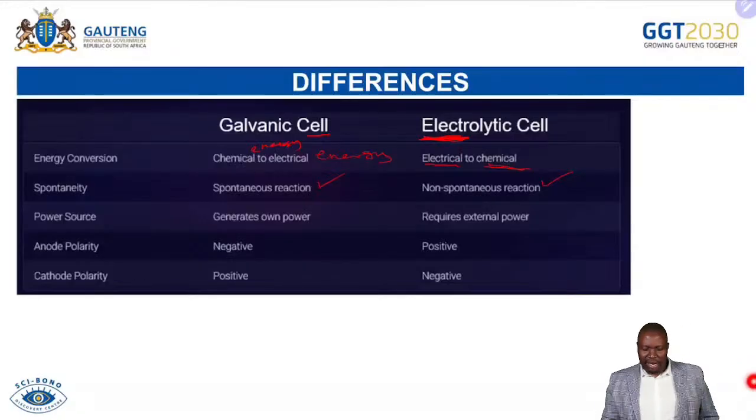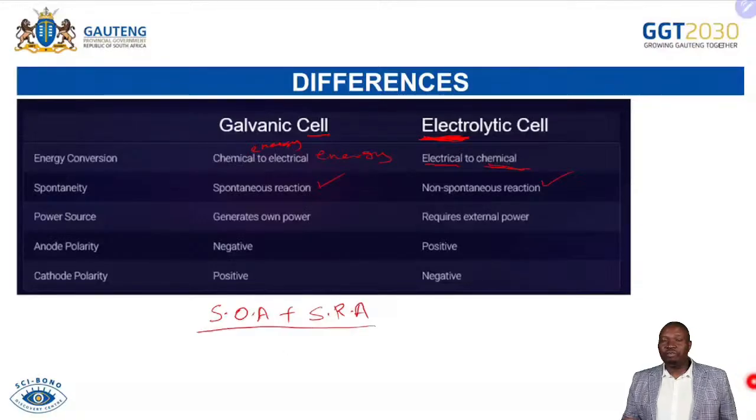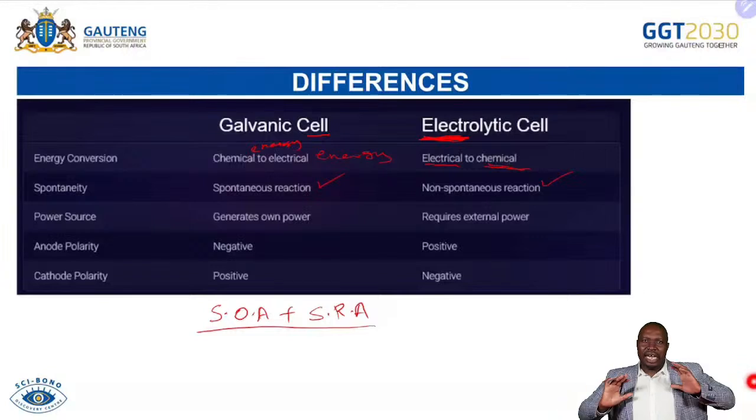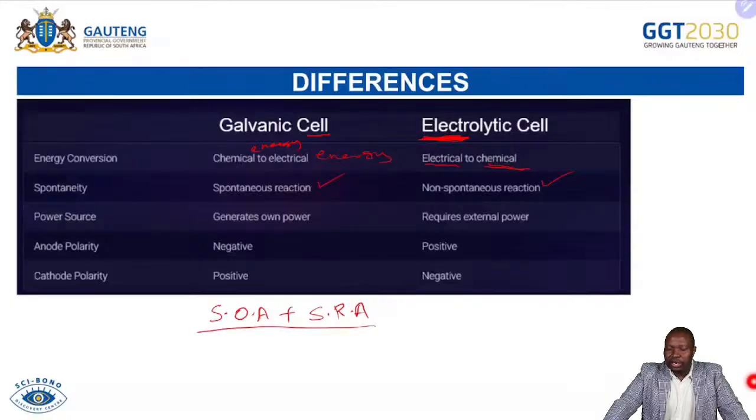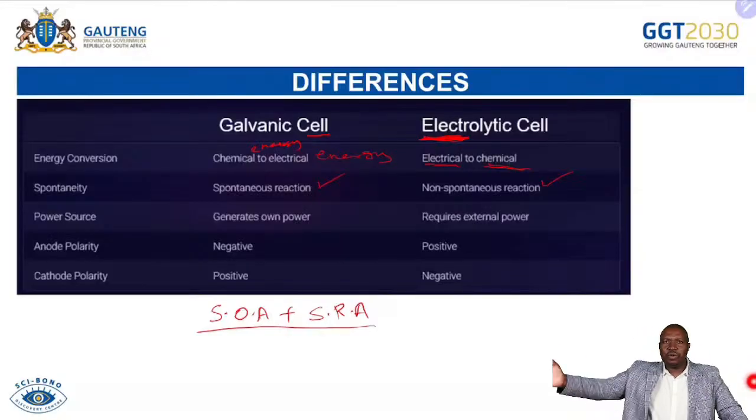We are simply saying under galvanic cell, the reaction is always between a strong oxidizing agent and a strong reducing agent. So because all of them are strong, the reaction is just a spontaneous reaction. No energy is added, because we have a very strong reducing agent and a strong oxidizing agent reacting together. So your reactants are always a strong oxidizing agent and a strong reducing agent, forming the weaker ones.